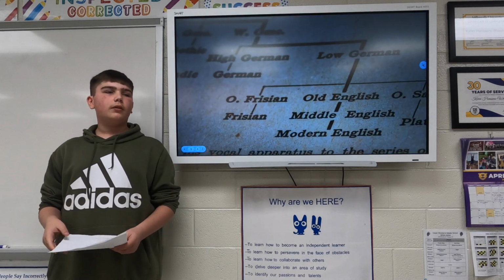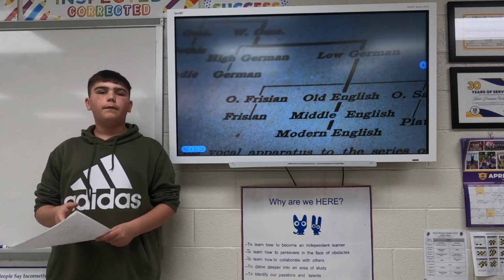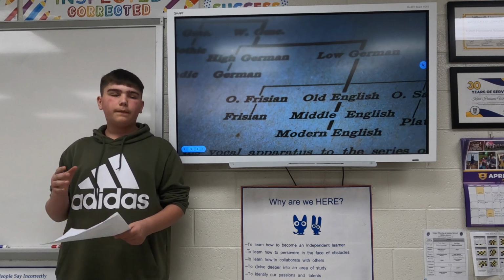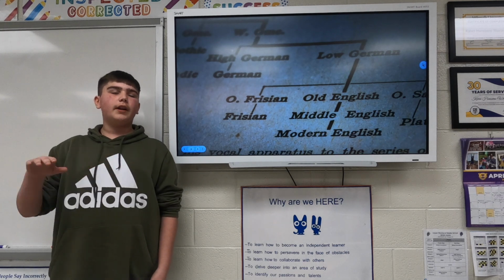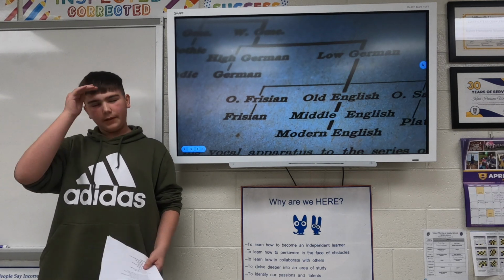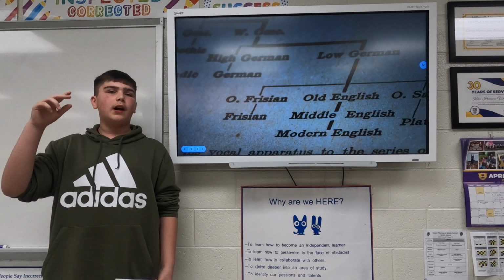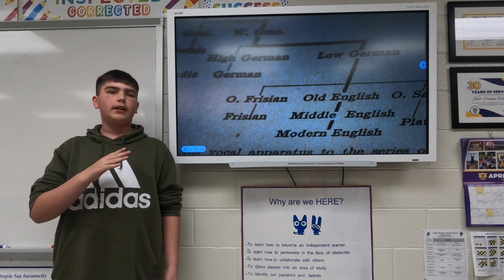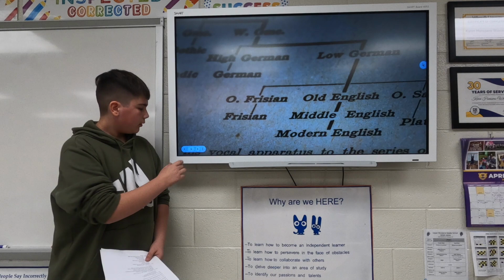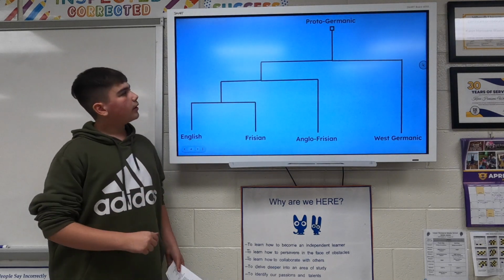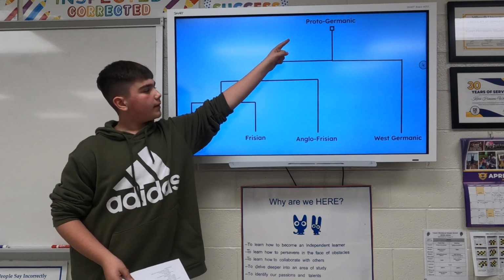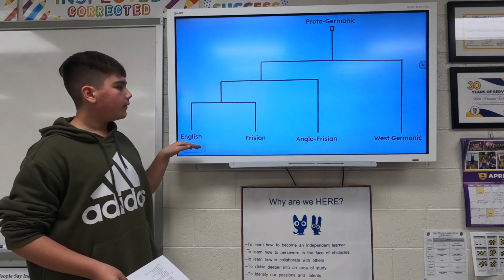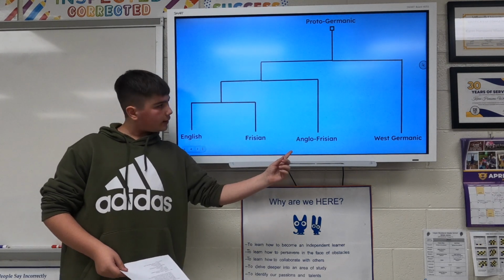So, starting off, we need to know what a phylogenetic tree is. A phylogenetic tree just shows all common ancestors, shows descendants who all have a common ancestor, and the path of that. Starting off at the top, you have the common ancestor that all descendants have, and at the bottom are the descendants.